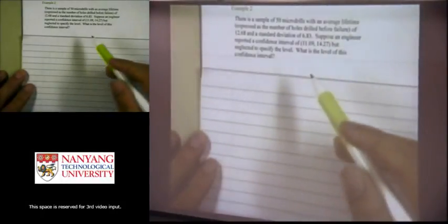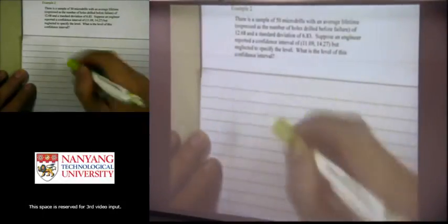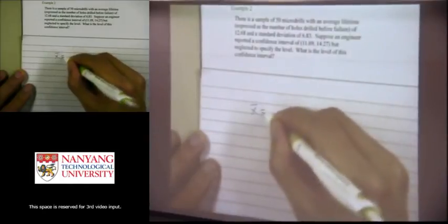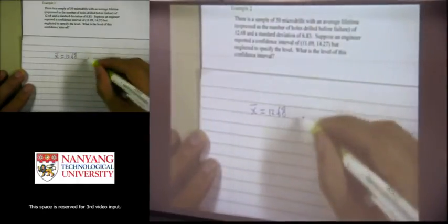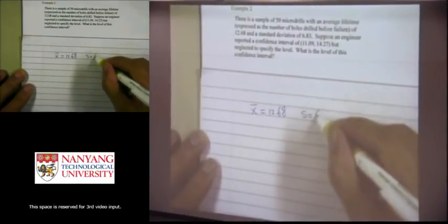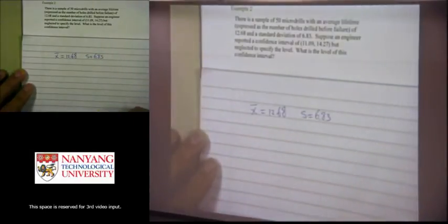So then we can see we have 50 micro drills with an average lifetime of 12.68 and a standard deviation of 6.83. So from this sentence, we know this sample includes 50 items, the average of this sample is 12.68, and the standard deviation of this sample is 6.83, right?